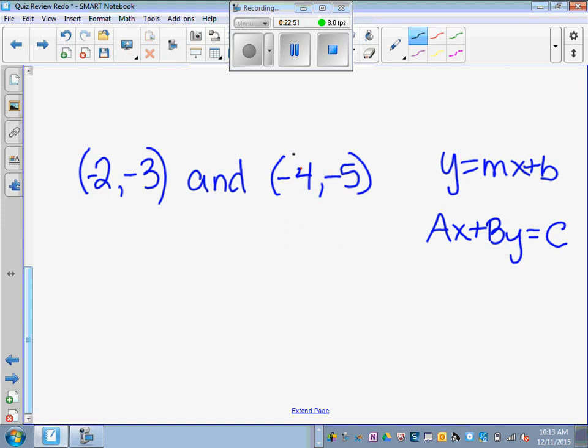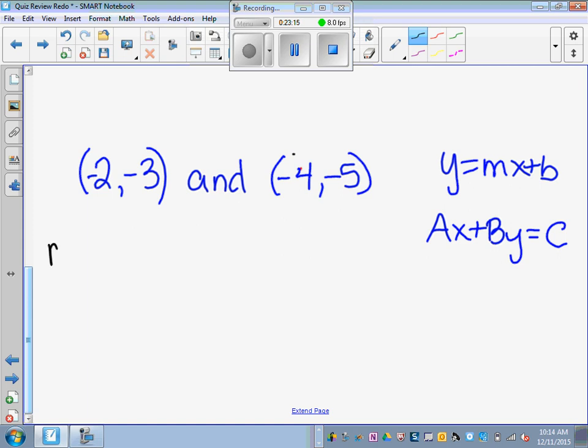So again, they didn't give us an equation at all whatsoever. Did they give us slope? No. Did they give us our b value? No. So we have to find everything. They gave us only x and y's.